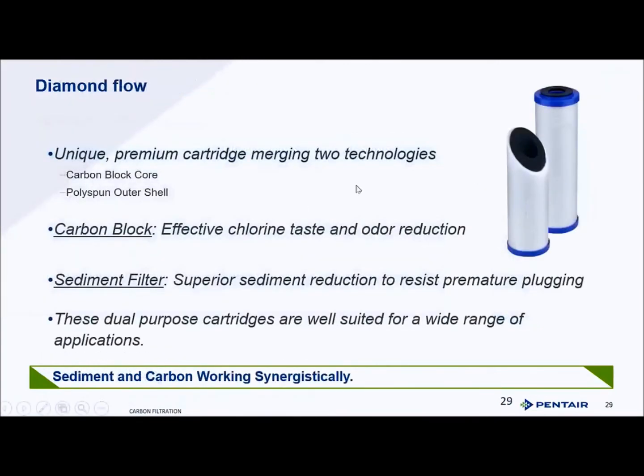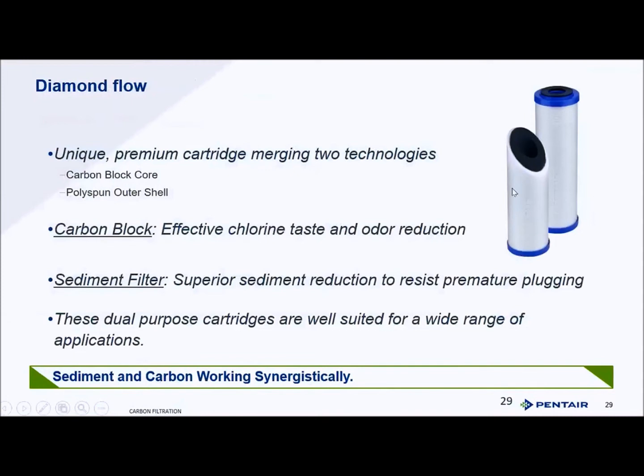So the next cartridge we want to look at is the Diamond Flow cartridge. This is where we're marrying two technologies in one carbon cartridge. It's got a 10 micron carbon core with a 10 micron polyspun outer shell. So you're getting a pre-filter and carbon block in one design.